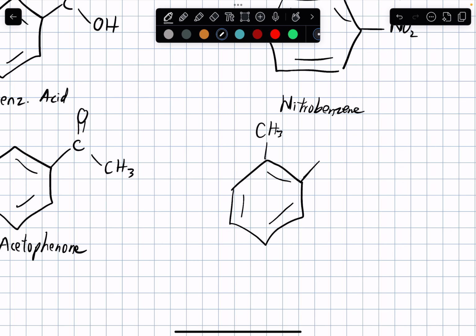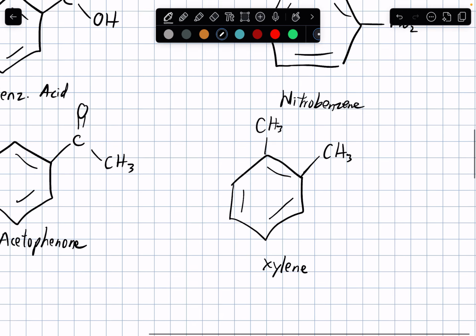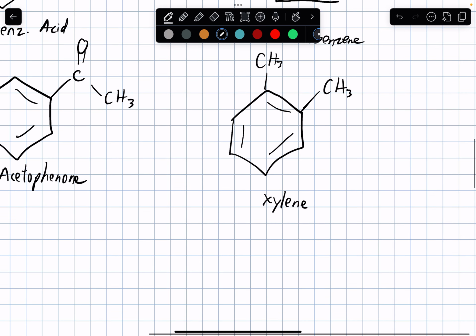What if, starting from toluene, we have another substituent that also happens to be a methyl group? So this is basically called a xylene. And the position of the second substituent actually matters when we name. So there are three things you have to know. Let's say this is your basis.